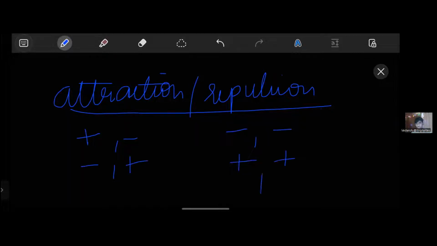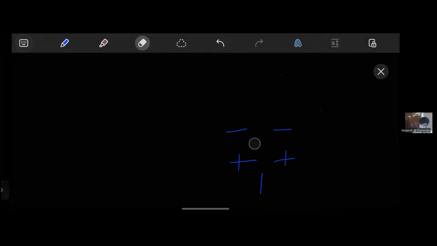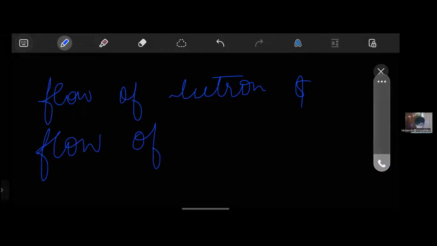Okay, so what I'm trying to say over here, I'm trying to give you the concept or the relation between flow of electron and flow of current.